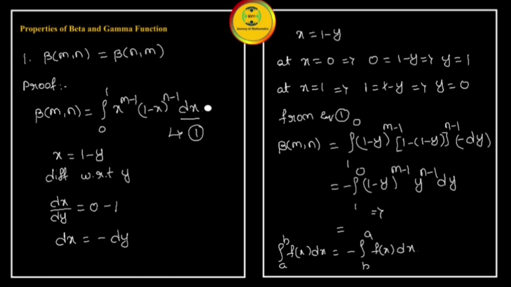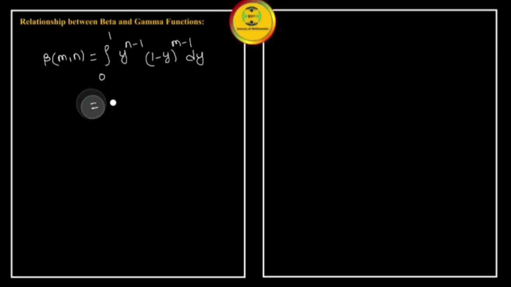If you compare this with the definition of beta of m comma n, the m value is written first because x power m minus 1 is there, and the n value is written second because it is the power of 1 minus x whole power n minus 1. So as per the definition, I can rewrite this with y power n minus 1, so n is written first.